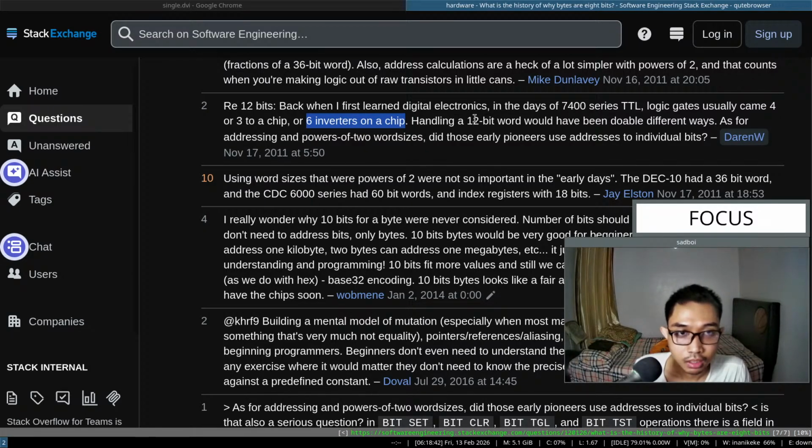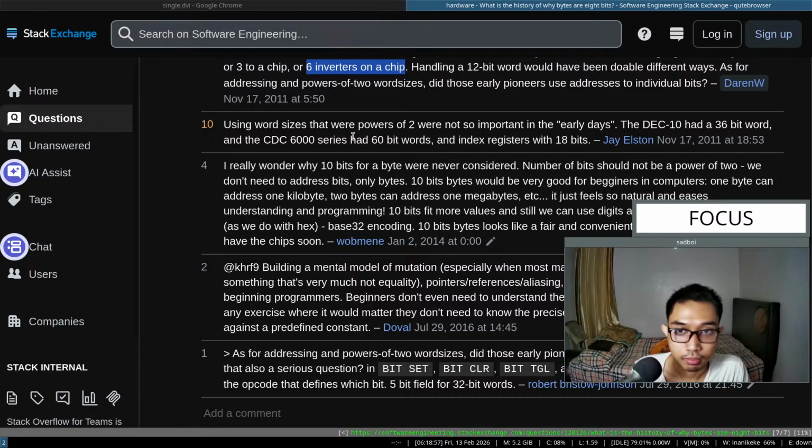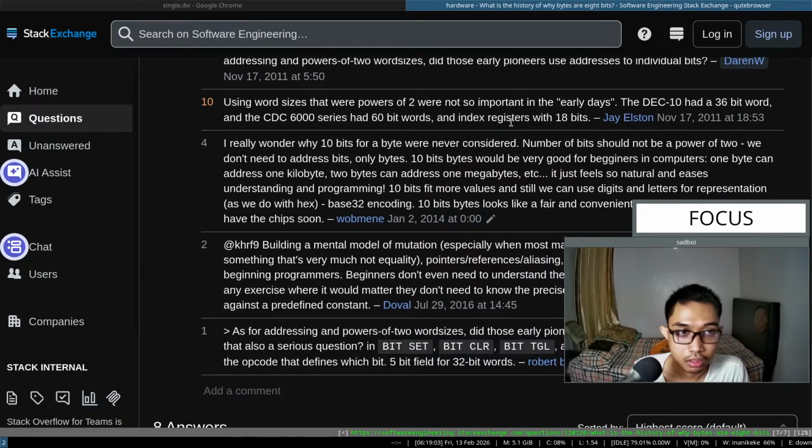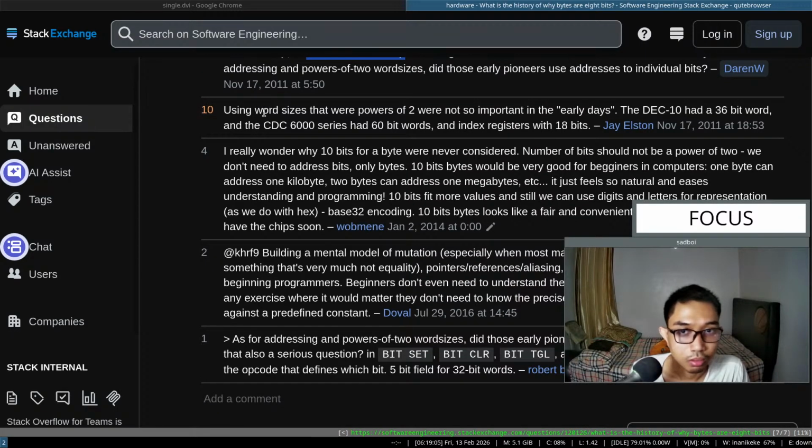Handling 12-bit would have been done a different way. As for addressing and power of two word size, those early pioneers used addresses to individual bits. Using word sizes that were powers of 2 was not so important in the early days.